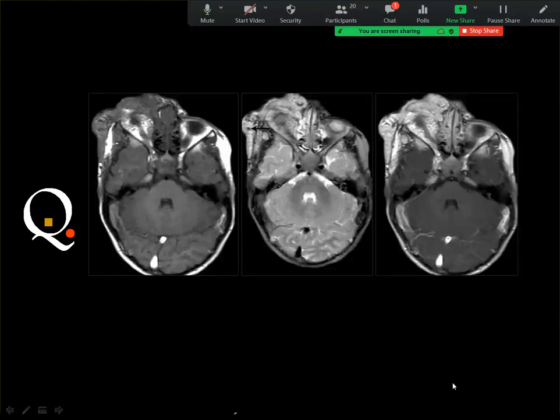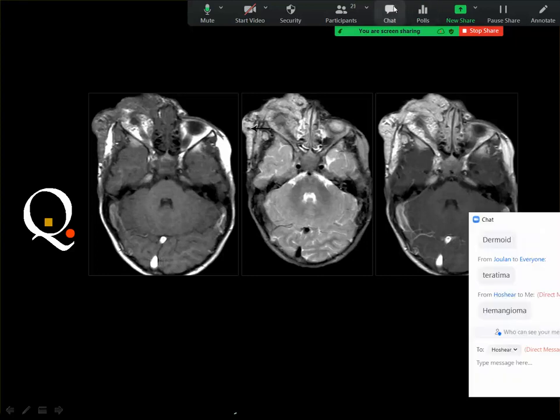Then the next case is a patient with what looks like a soft tissue sheet anterior to the right orbit. The sheet shows hypointensity in the T1 and hyperintensity in the T2 with significant post-contrast enhancement.